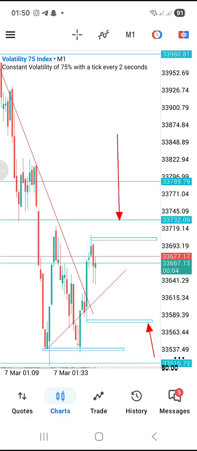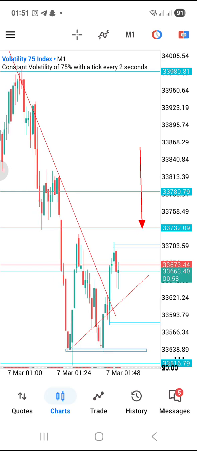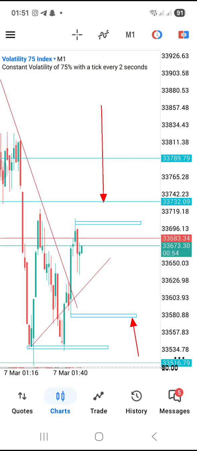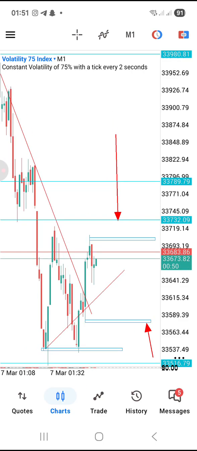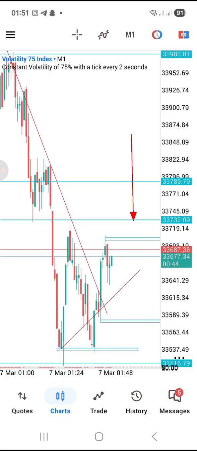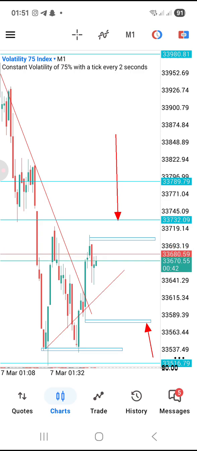So, what are we looking for? If we get another buy signal from here, above here, we take a buy. If we get an absolute sell signal here, we take a sell.